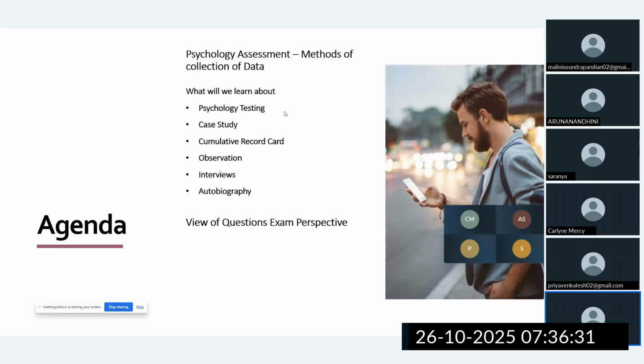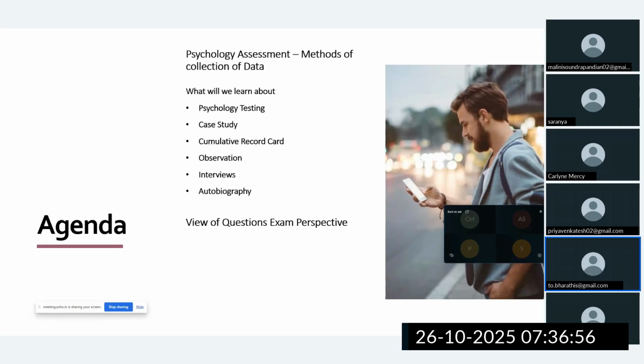We had been given an introduction about the different kinds of tests and different kinds of data collection methods. But here it will be very specific for a counselor. From a research perspective, we would have seen similar topics in research methodology. But here it is going to be purely from an individual counselor who's going to do this assessment.